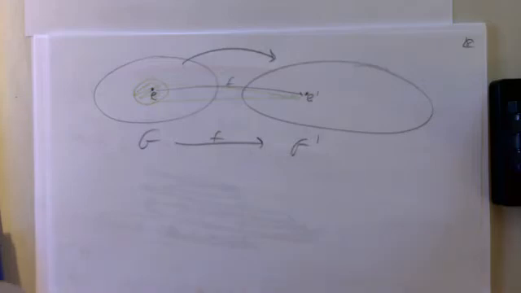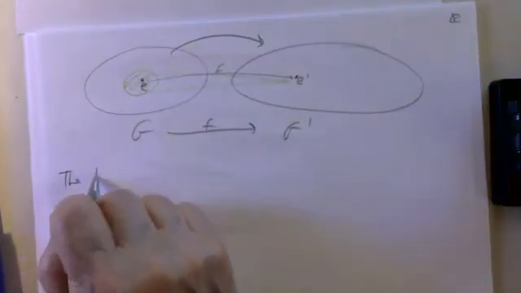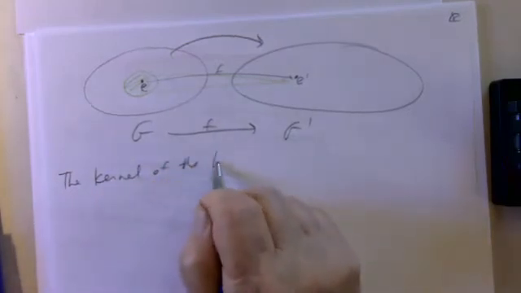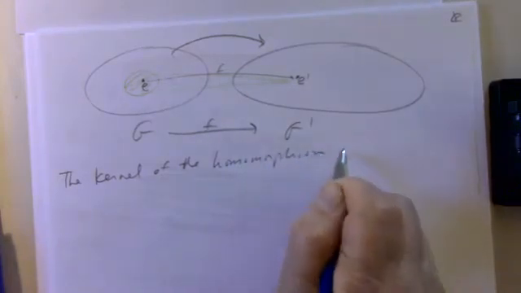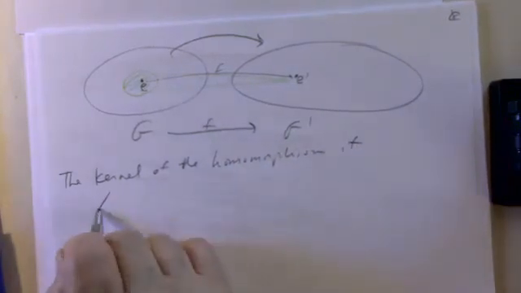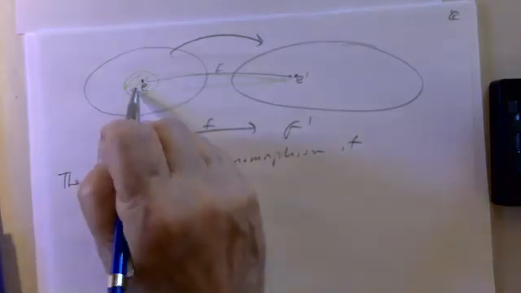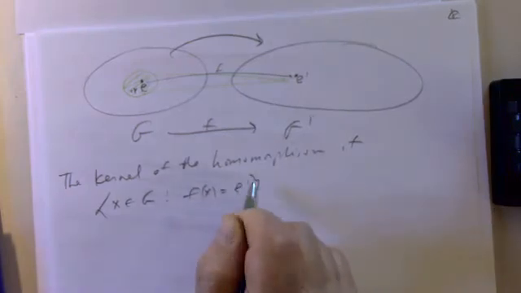So what is called the kernel of the homomorphism f is the set of all points x in G such that f of x is equal to E prime.